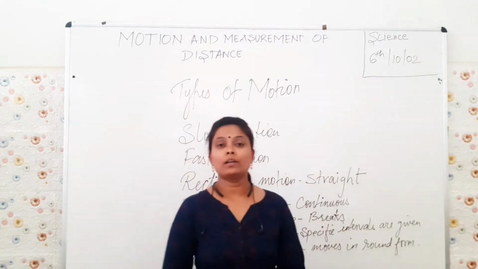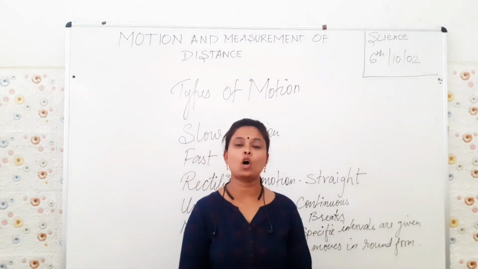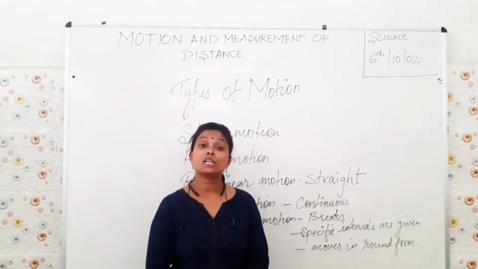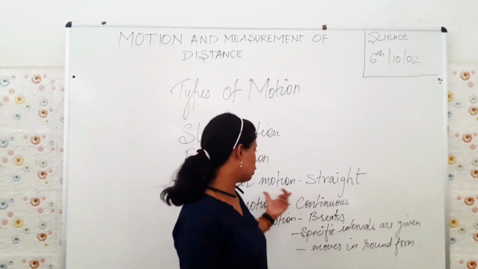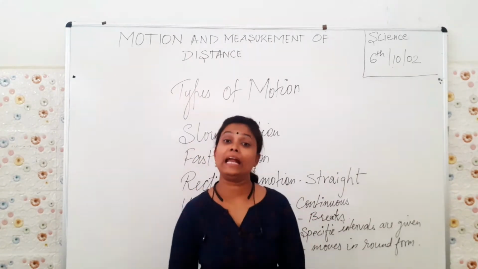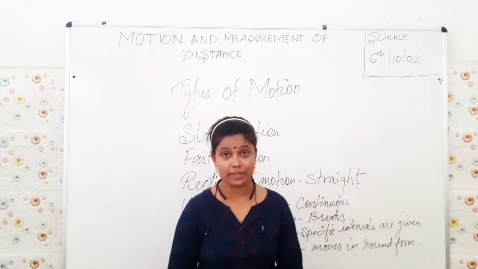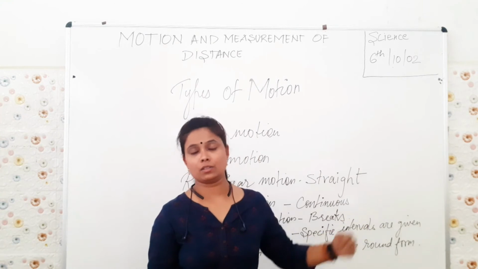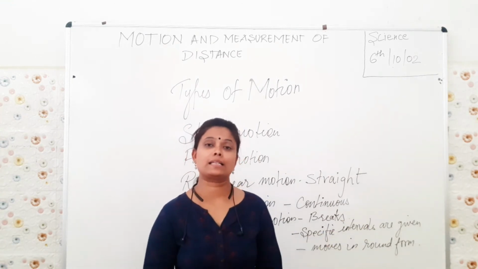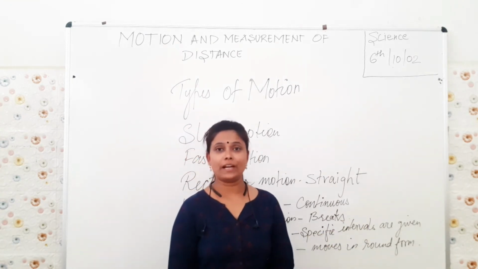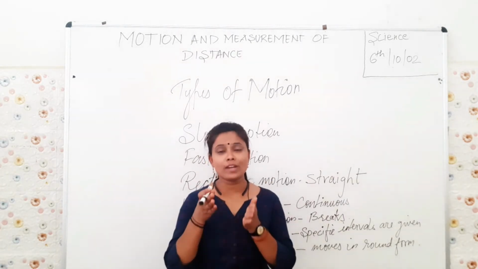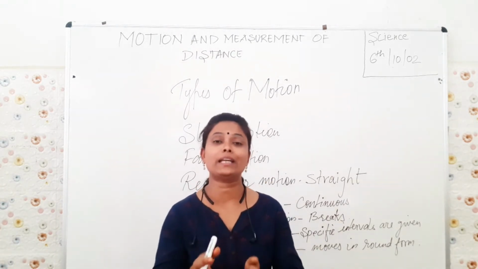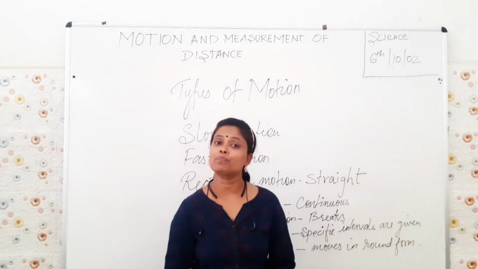Rectilinear motion. Rectilinear motion is always done in a straight line. The example for this motion is a train. Have you ever traveled by a train? A train can be the example of rectilinear motion. Why? Because it always goes in a certain straight direction only.